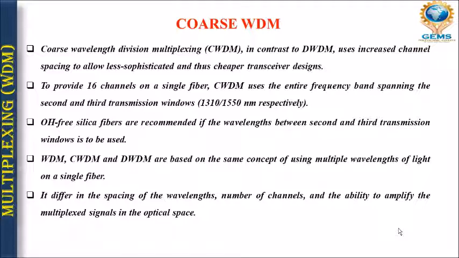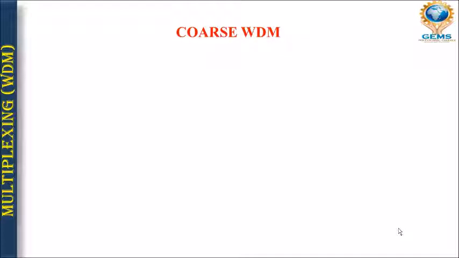So what are the different parameters for differentiating these types? It depends upon the spacing of wavelengths, the number of channels being carried, and the ability to amplify the signals.